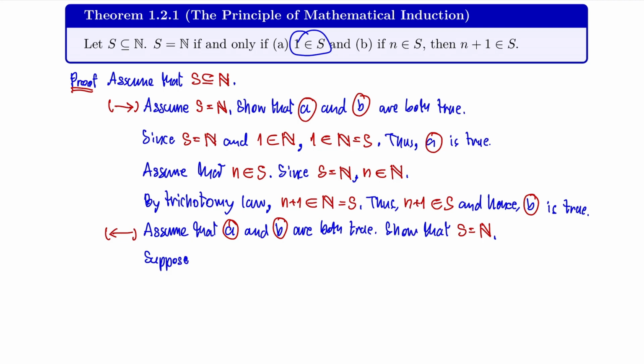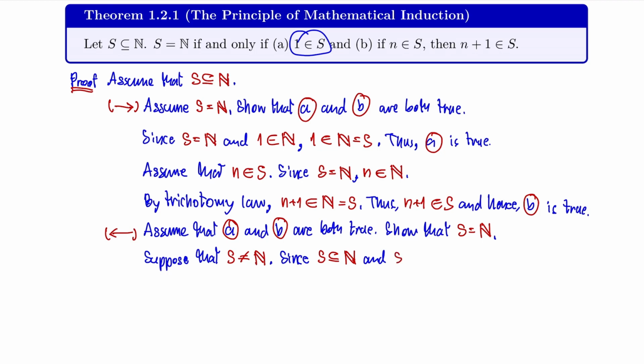So I've got to suppose that the set S is not the set of natural numbers. Okay, so according to the assumption, S is a subset of the set of natural numbers, and S is not equal to set N. So what do we have?